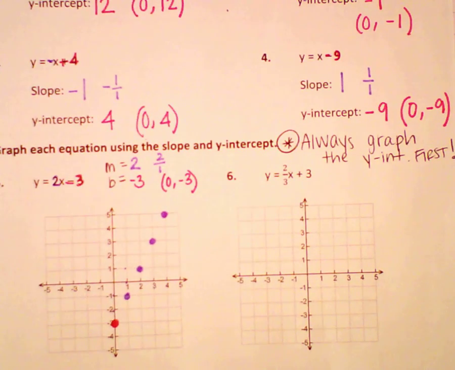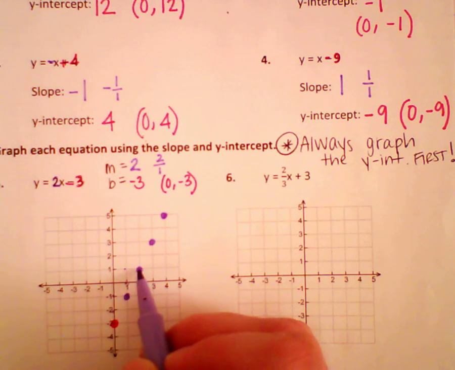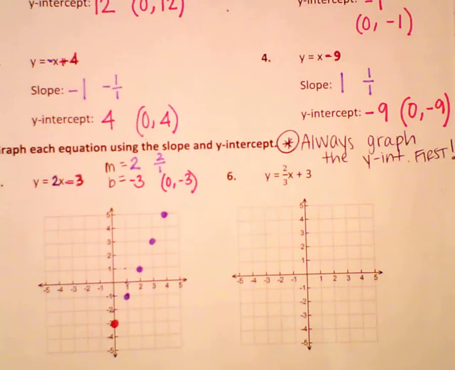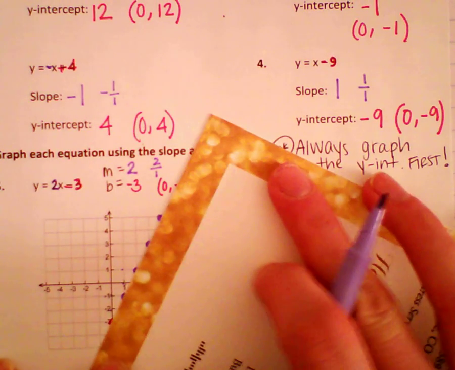Notice that every time I land, that's where I start my rise over run to get to my next point. Take that straight edge and connect our dots.